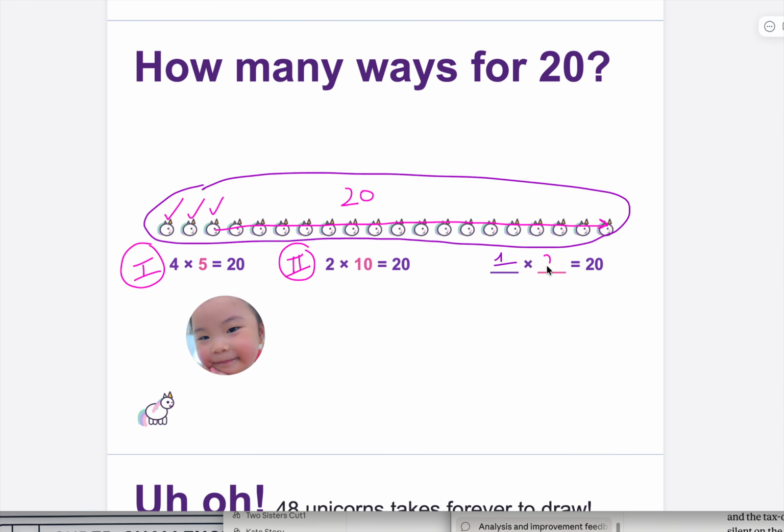So when we say 1 times 20, we're going to get 20. So that is 3 different ways to show the number 20. So now Daddy's going to stop here for part 1 because that's what Uncle taught you. Daddy wants to show it to you in this big picture.